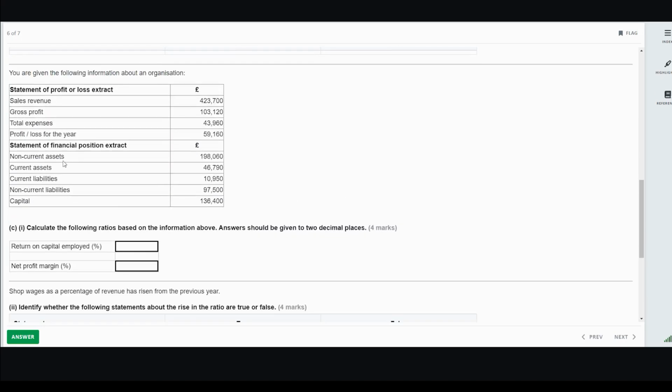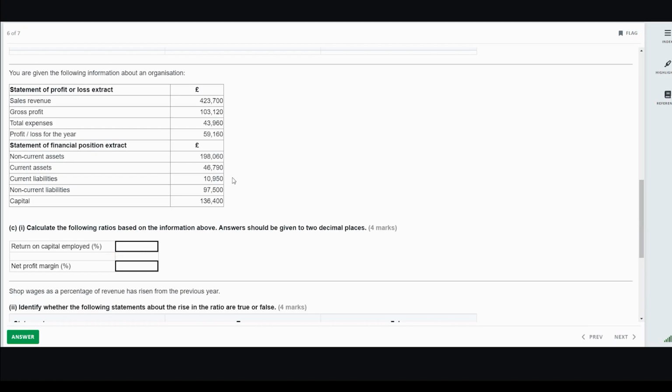Okay then, moving on to the next one. This is a couple of calculations for ratios. Now, return on capital employed. This is basically saying, for the profit, what percentage are we making compared to the capital employed.